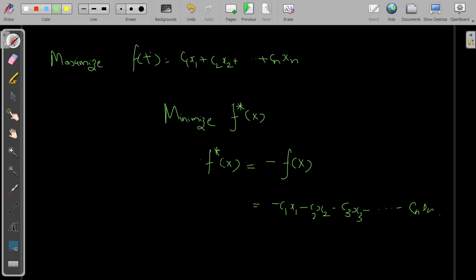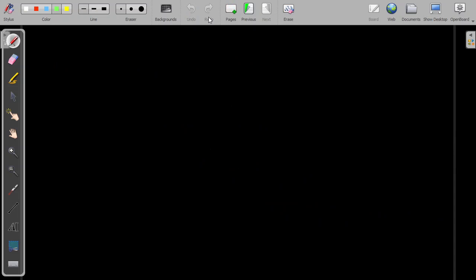The next case: suppose some of the decision variables, say xj for some values of j, are given by the examiner as less than 0.